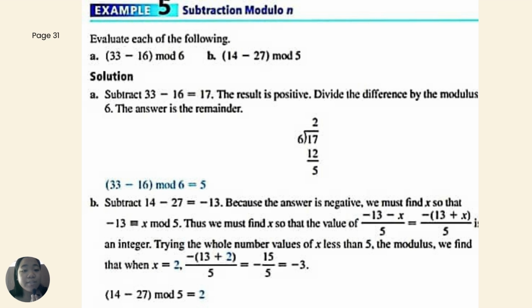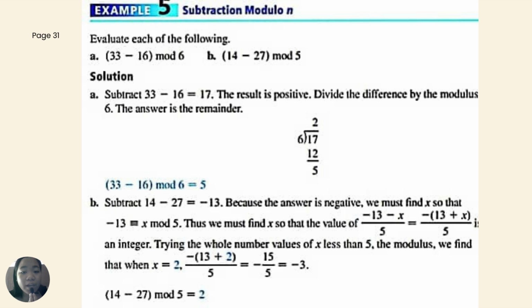And another one is 14 minus 27 mod 5. Itong solution sa letter A, we will have to subtract 33 minus 16. It will give you the answer of 17. And then the result is positive.